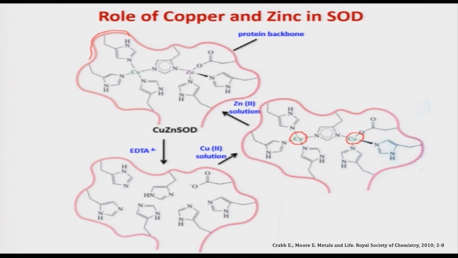Now, once you add zinc to the solution, then one of these coppers, which is ligated to the aspartate group, will be replaced by zinc, and this copper zinc SOD is reproduced.